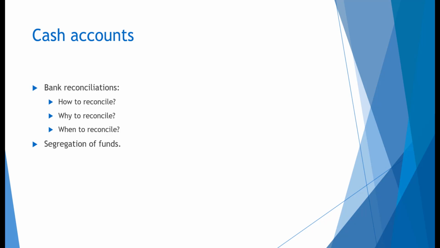And segregation with your cash account, you want to make sure that you segregate out your operating cash from your reserve cash, from the cash that you need to use to pay the taxes, to pay for sales tax, pay your federal taxes. That's very key in your cash account.